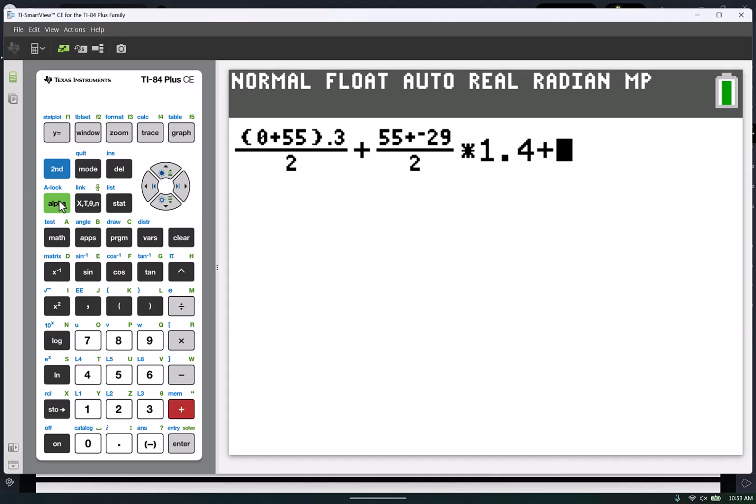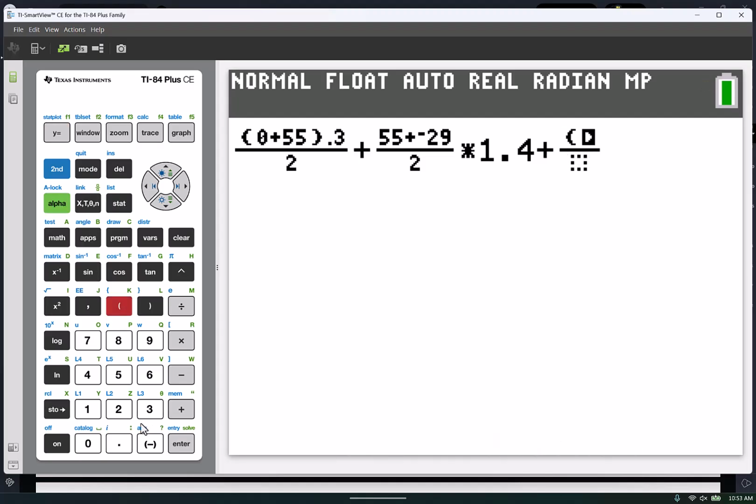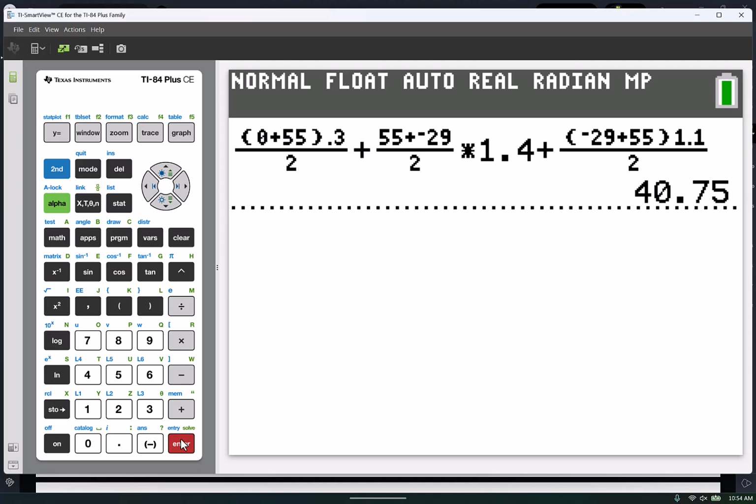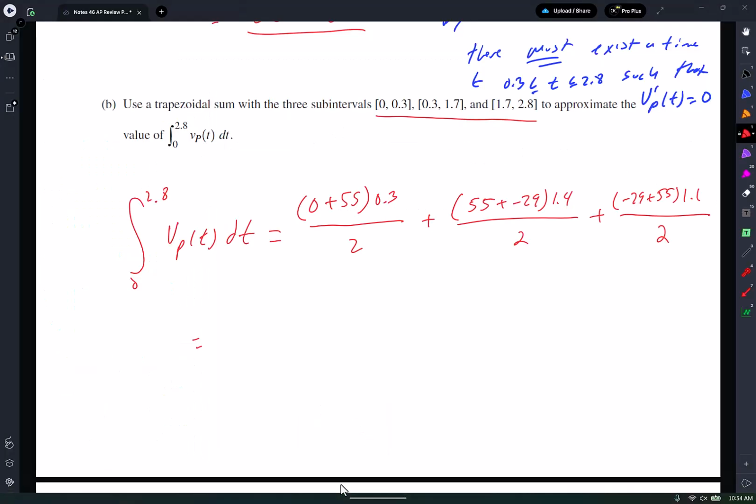Plus, and let me put that in parentheses again. Did this start with negative 29? Negative 29 plus what? 55. Close, times what? 1.1 divided by 2. Okay, tell me if you guys got this number. I forgot to put parentheses in the numerator, but it's the same. 40.75.